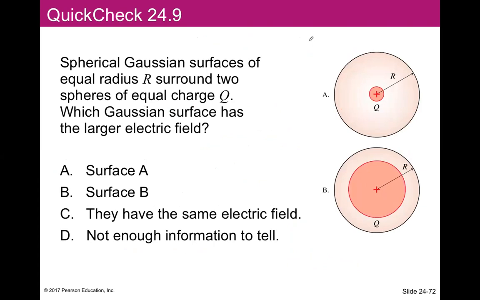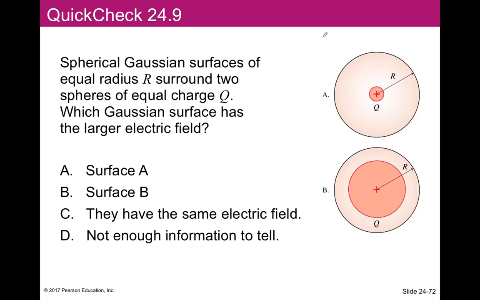Okay, now let's take a look at this example. Which option is correct? Have you made your choice?